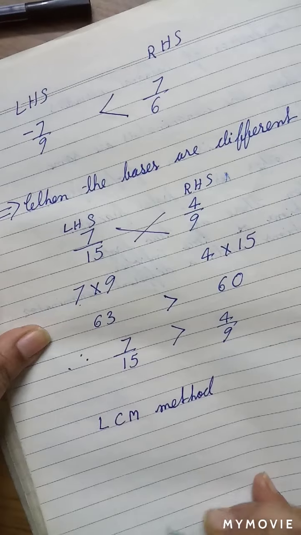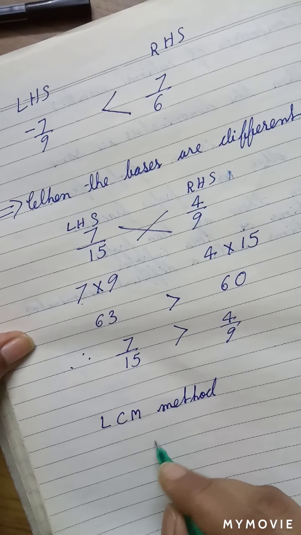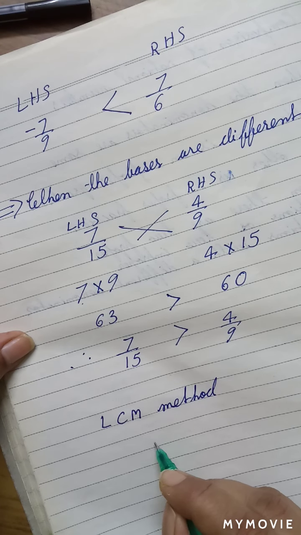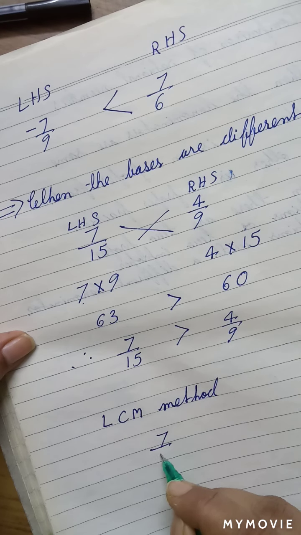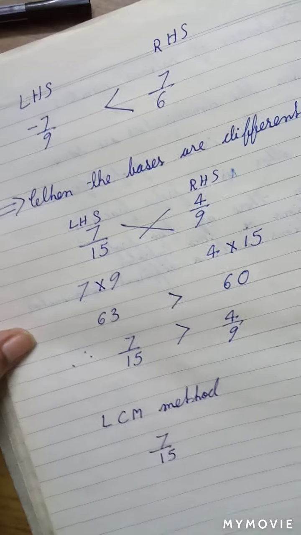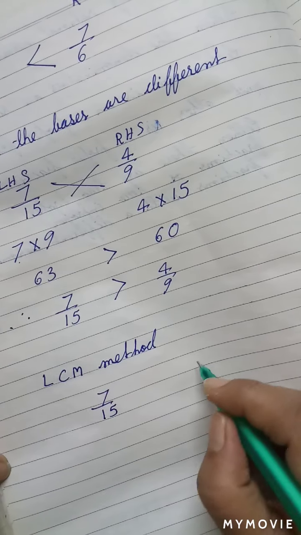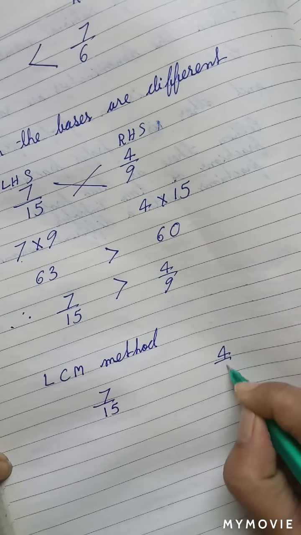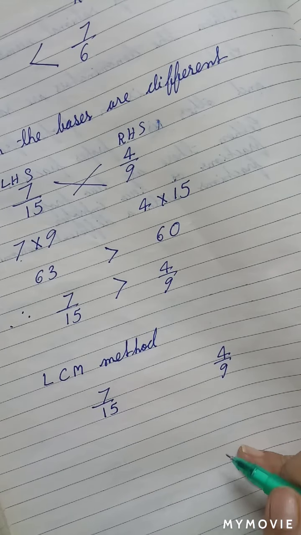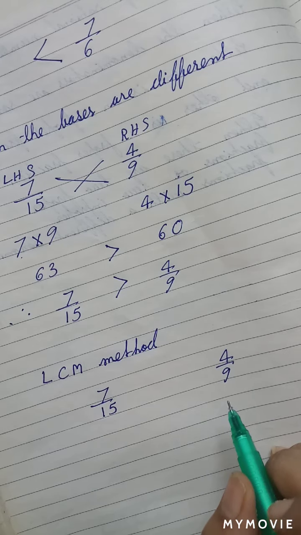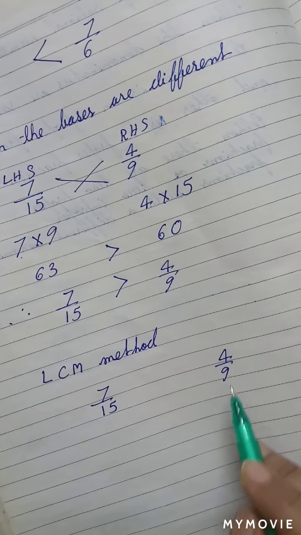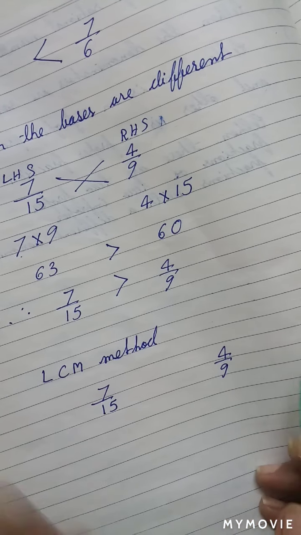Now let's solve the same problem with a different method. That is the LCM method. So the rational numbers that we have are 7 by 15 and 4 by 9. First step is to find the LCM of 15 and 9.